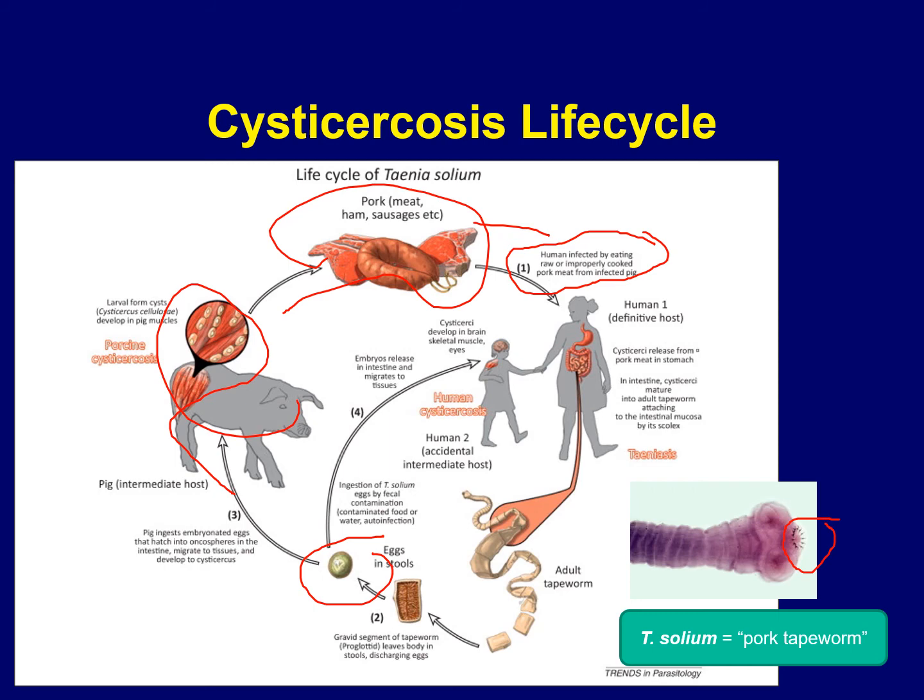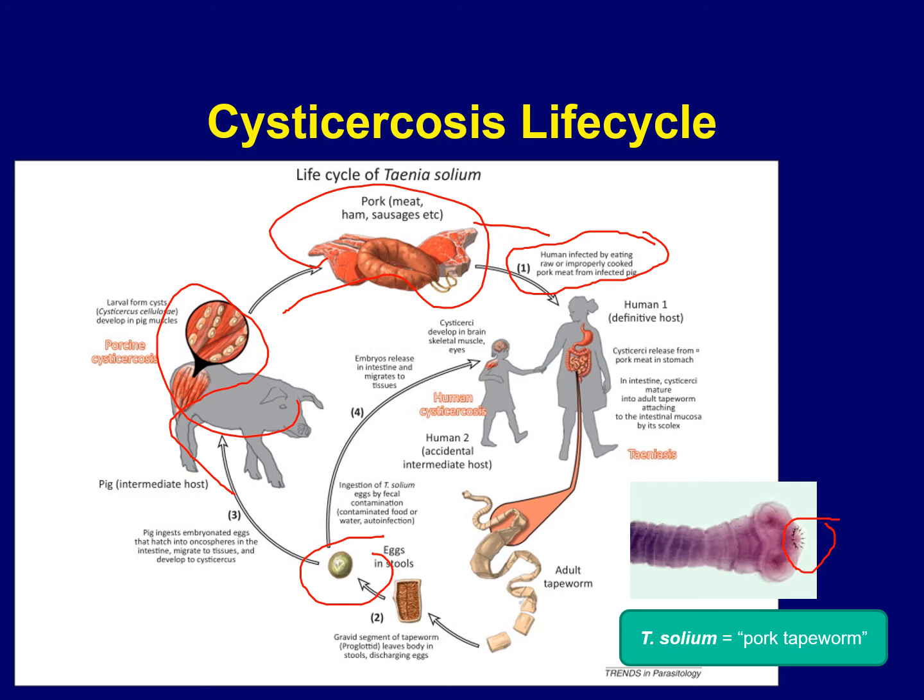But what really causes disease is when humans are the accidental intermediate host. So instead of pigs eating the eggs in the human stool, other humans eat the eggs. This happens because of fecal contamination, contaminated food, water, or auto-infection, where a person infects themselves from their own feces.